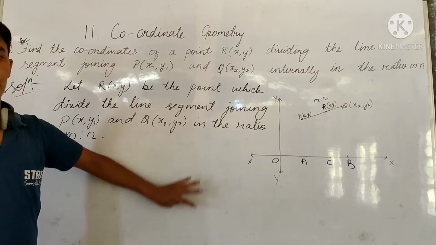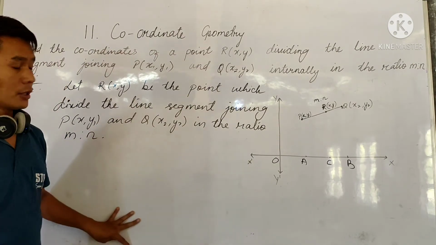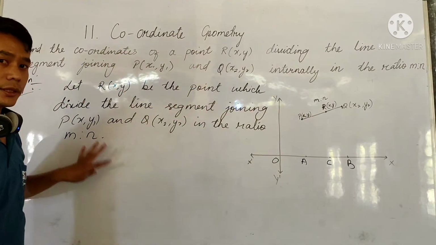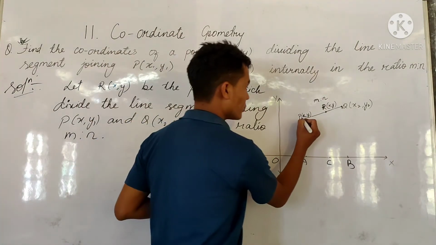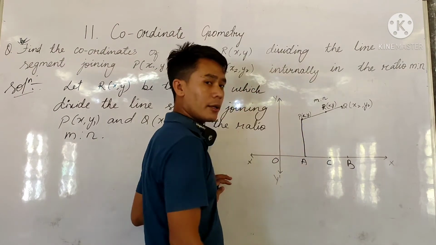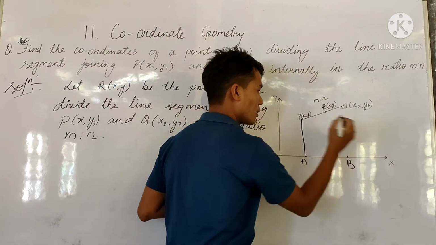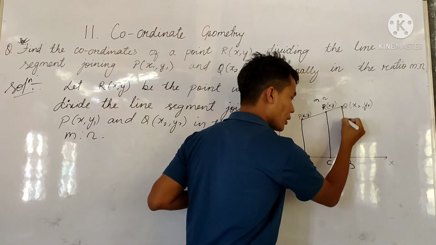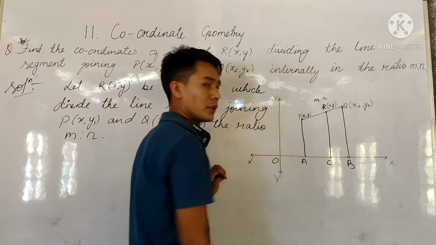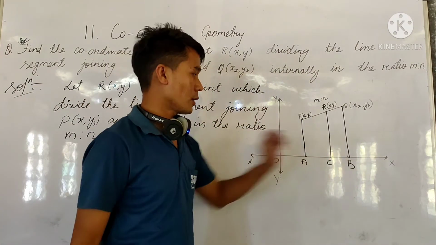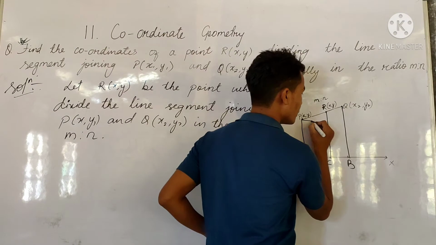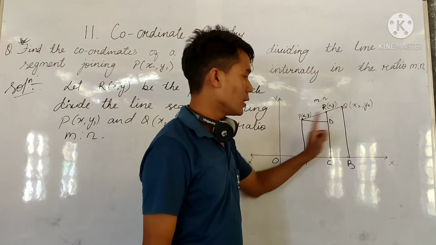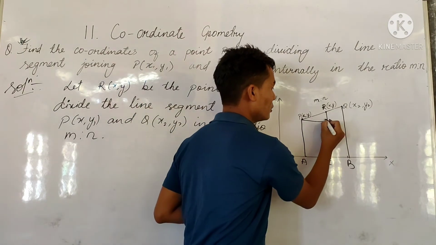Now to continue this solution, we need construction. What we are going to construct in the figure, we are going to write here. So here we have to draw PA perpendicular to the x-axis, RC perpendicular to the x-axis, and at the same time QB perpendicular to the x-axis, and PD perpendicular to RC.